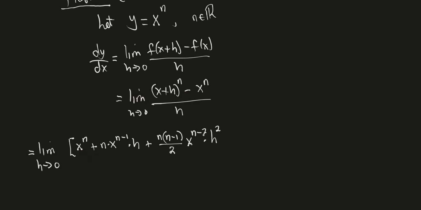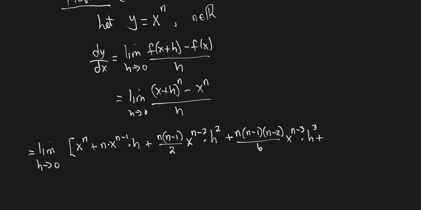And then I'll write down one more term so you see the pattern: plus n times (n minus 1) times (n minus 2) over 6. Now the 6 is a little mysterious where it comes from, but again it comes from that formula. Then you'll have x to the n minus 3 times h to the third power.